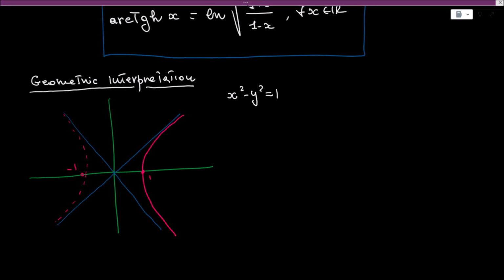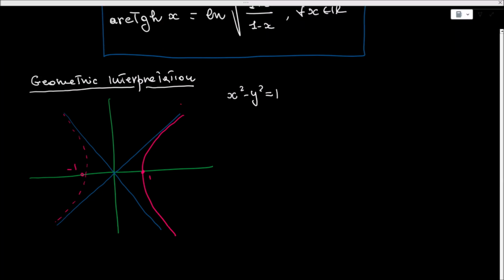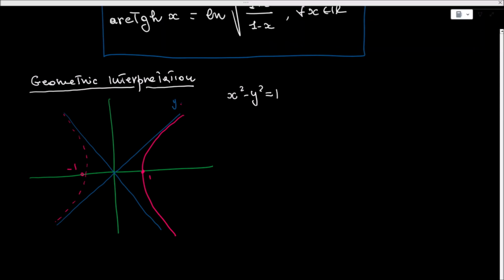And notice that the asymptotes are the bisector of the first and third quadrant, y equal x, and the bisector of the second and fourth quadrant, y equal to minus x.